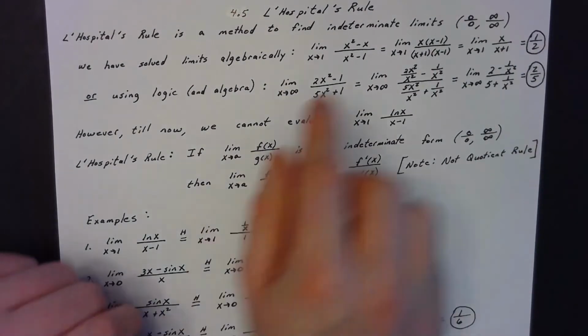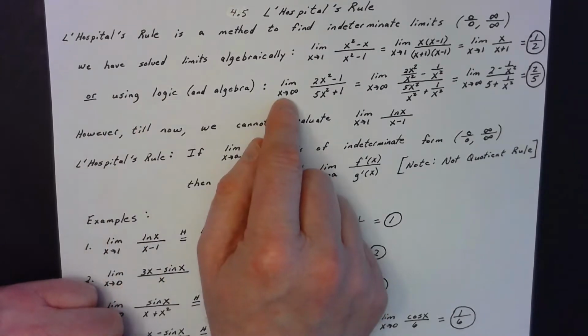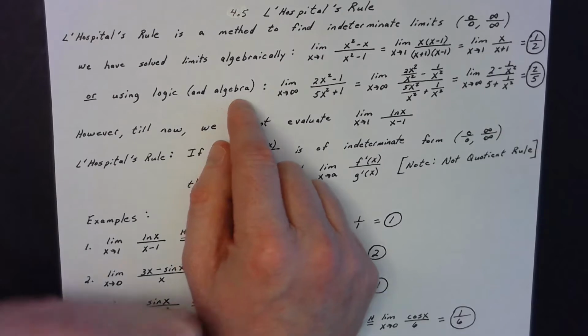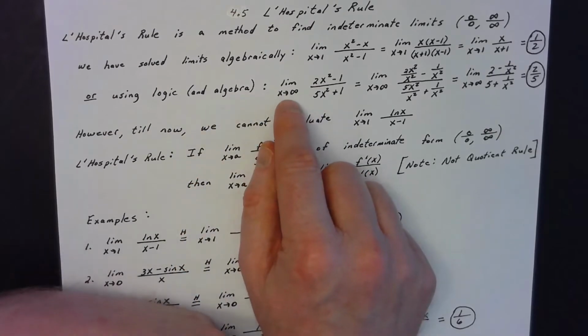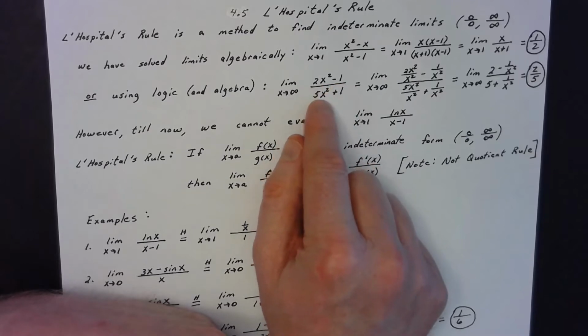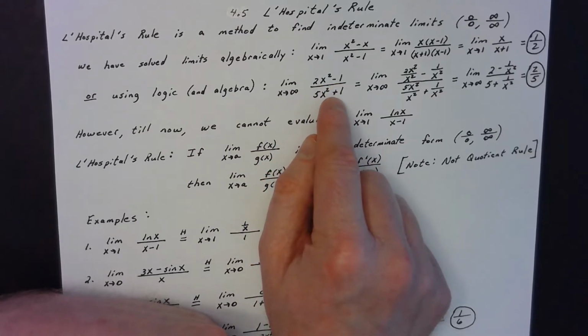Now, on the other hand, we also used algebra whenever we had infinite limits. If I have a limit as x approaches infinity of an expression like 2x squared minus 1 over 5x squared plus 1, this is back in section 2.7 in your book.